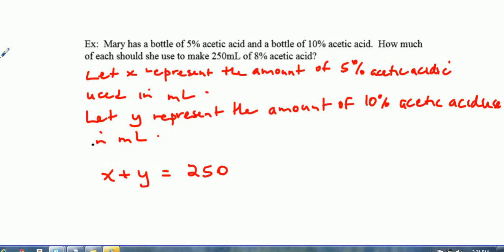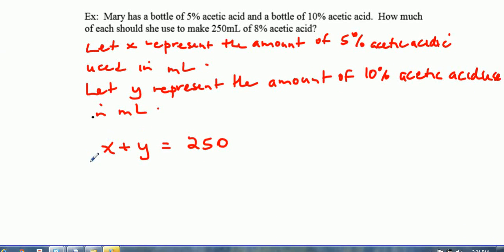So what we know here is that we've got 0.05 acetic acid. So if I multiply 0.05 times the amount of that particular liquid, I'm going to get the concentration of acetic acid, plus 0.1 times Y, that's going to give me the concentration of acetic acid so far.